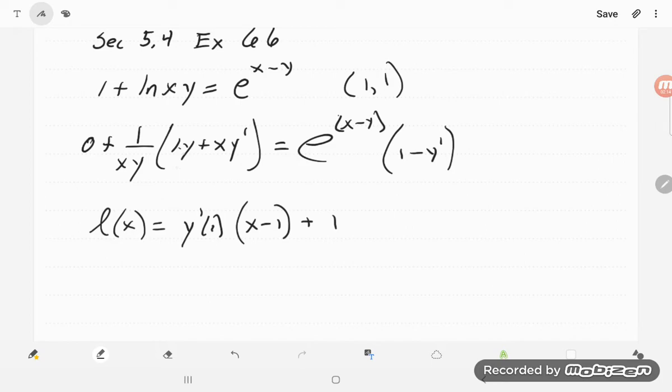So really, probably I'm best off here substituting the 1 first in for x and y, and then solving for y prime.